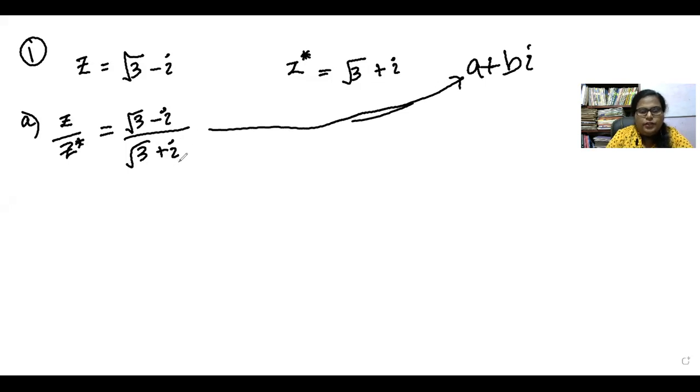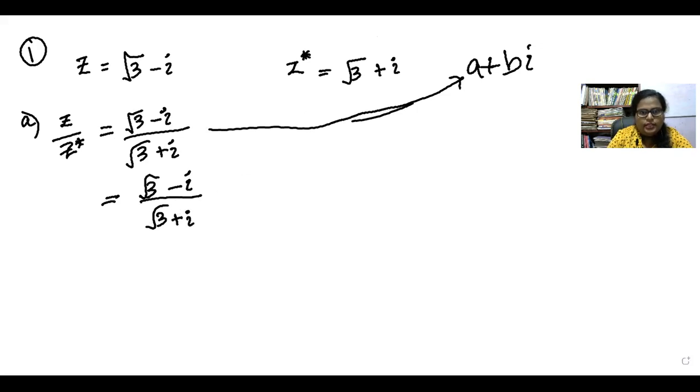So you know that if there is a division of two complex numbers, it should be multiplied, both the denominator and the numerator, by the conjugate of this denominator complex number. So you can see, I will write it in the second step. Say square root 3 minus i divided by square root 3 plus i is here.